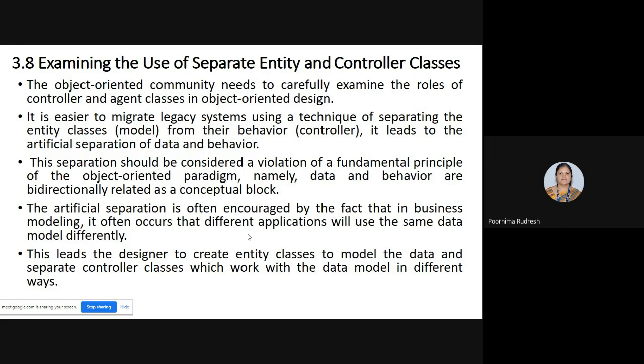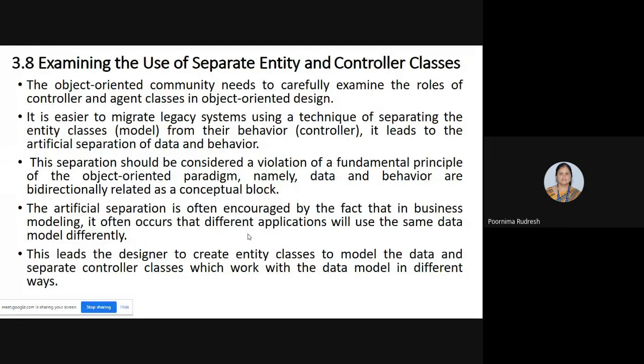That needs to be carefully examined by object-oriented developers, because it is easier to migrate legacy systems using this technique of separating the entity classes from their behavior.